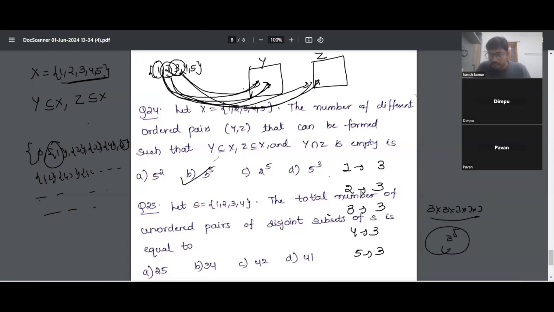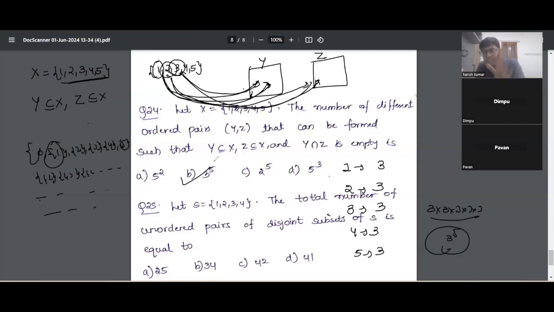Understood, both of you? So one can go and sit in Y. If he's sitting in Y, then he'll not sit in Z because he has already sat there. He's not a multiple action hero, he has only one place.